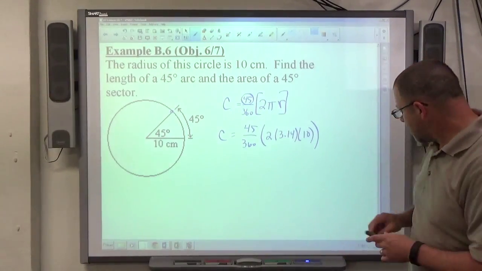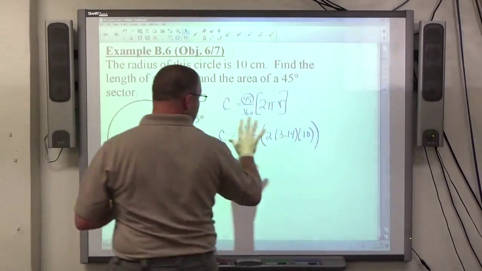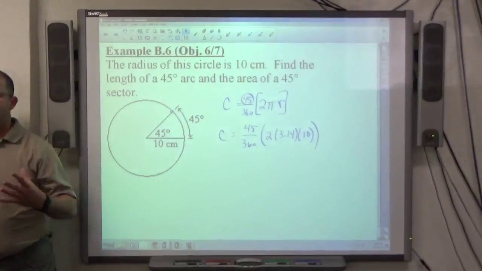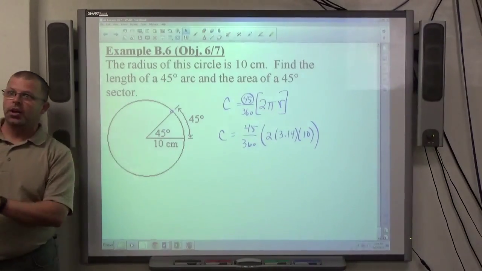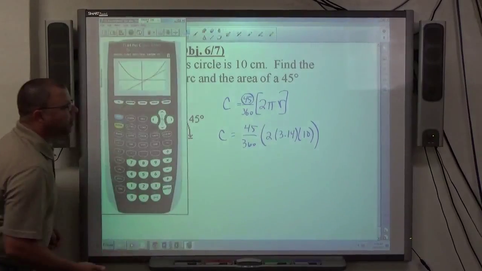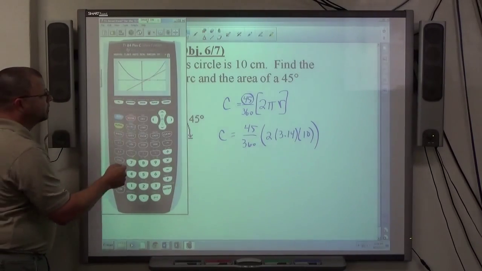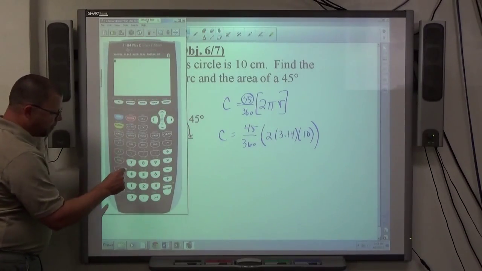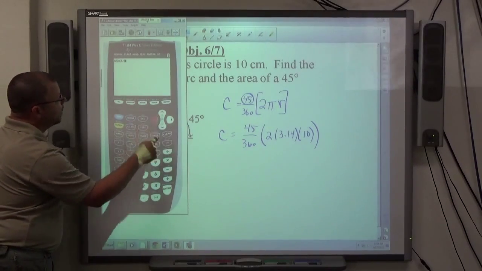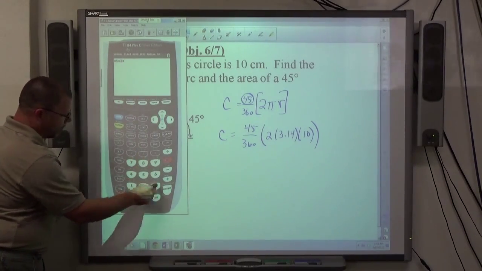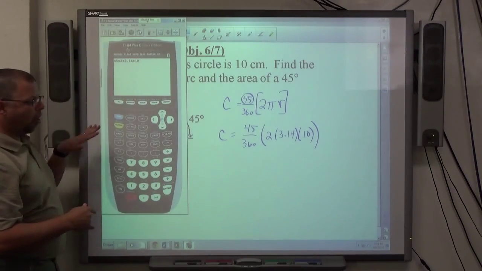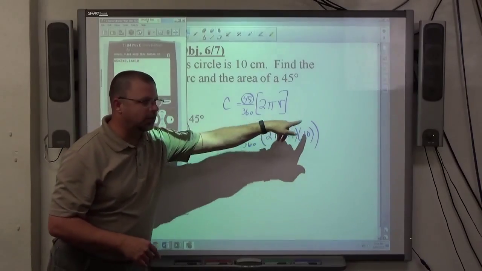All right, so once you get all your numbers figured out for your formula, again, formulas are all about this: you use the right formula, you substitute the correct numbers, and then you evaluate it correctly. The way I would type it into your calculator is 45 times 2 times 3.14 times 10, all the top stuff, this times this times this times this.